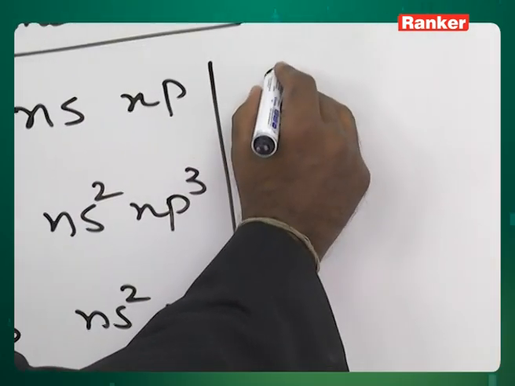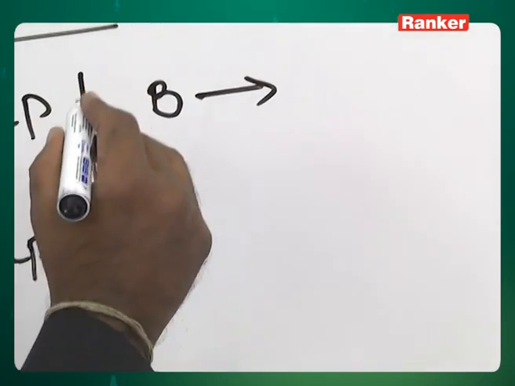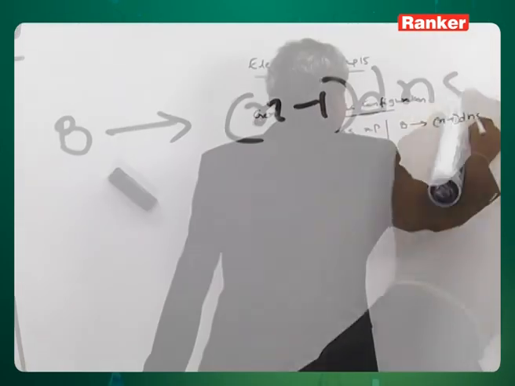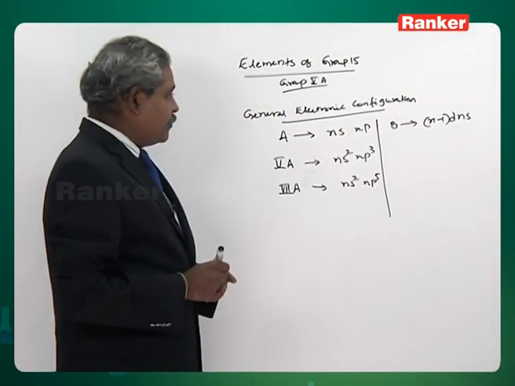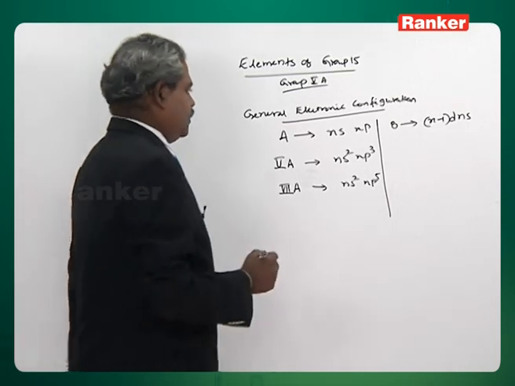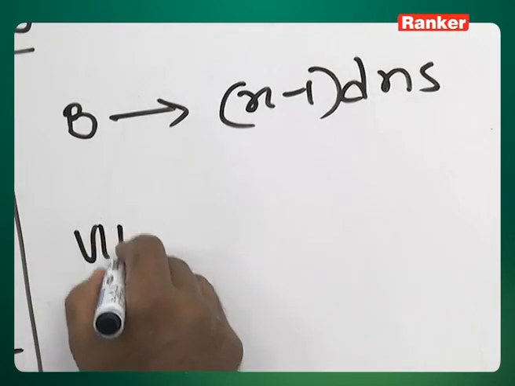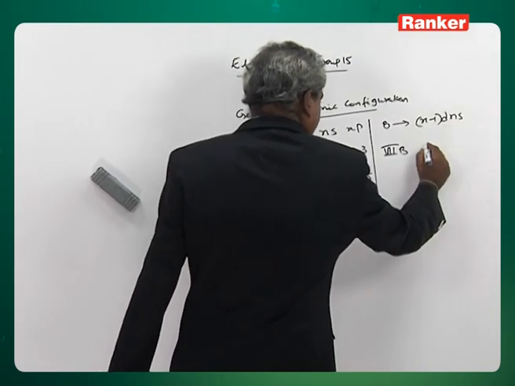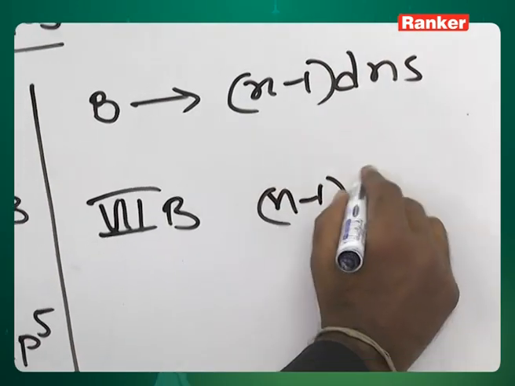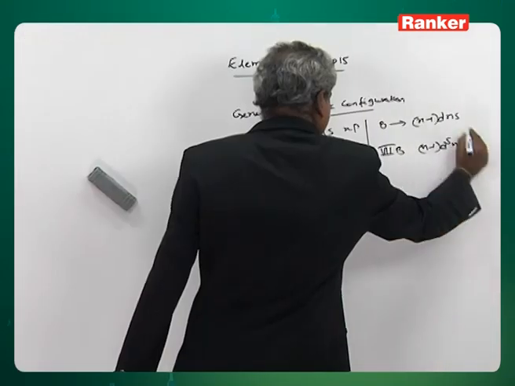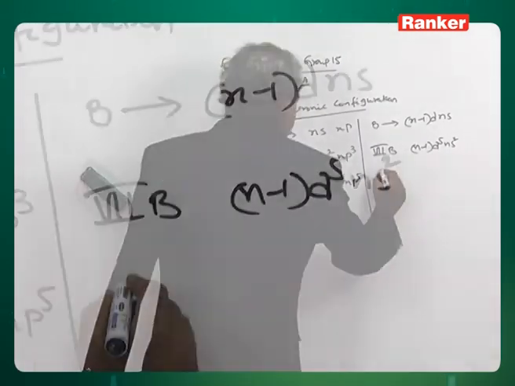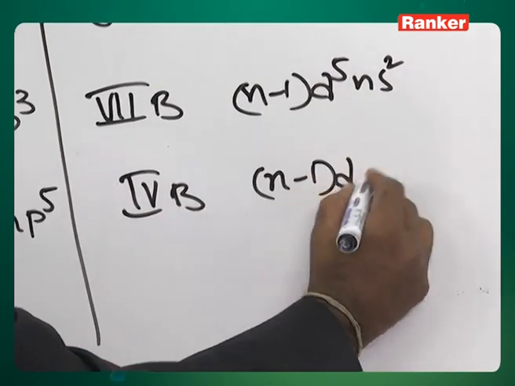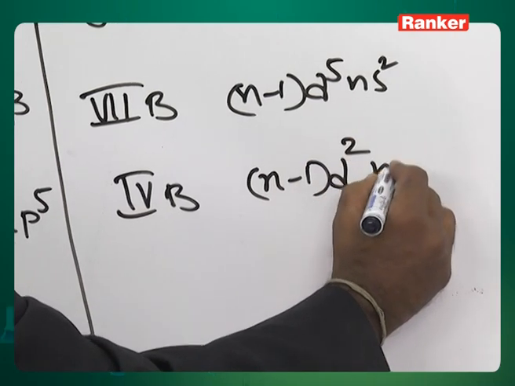Then B subgroups. It is (n-1)d and ns. Distribute the electrons between (n-1)d and ns. For instance 7B: put 2 electrons in s and the remaining in d, (n-1)d5 ns2. 4B: (n-1)d2 ns2.